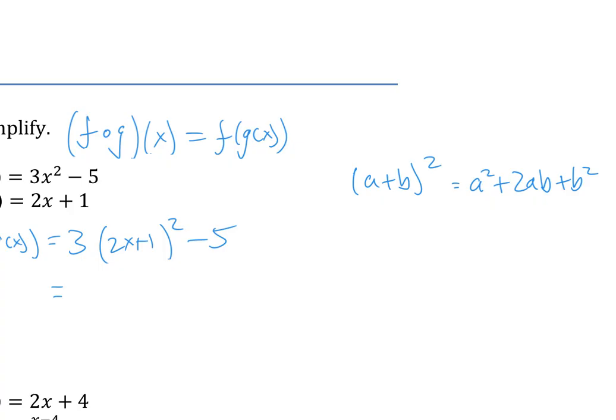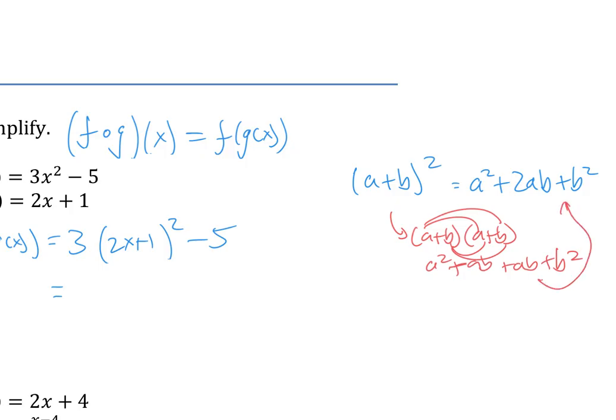And this just comes from, you can always reproduce this, a plus b times a plus b, distribute this out. We get a squared plus ab plus ab plus b squared. So it's not really a memorizing thing. It's more of, I've been there so many times that I remember. So it's a remembering thing, not a memorizing thing. This just simplifies to that.